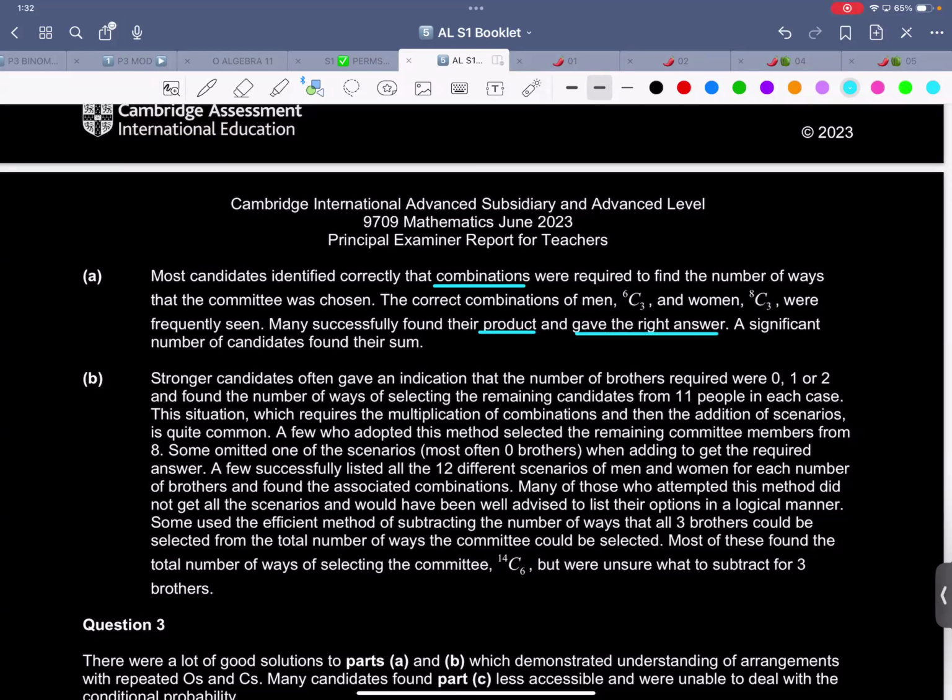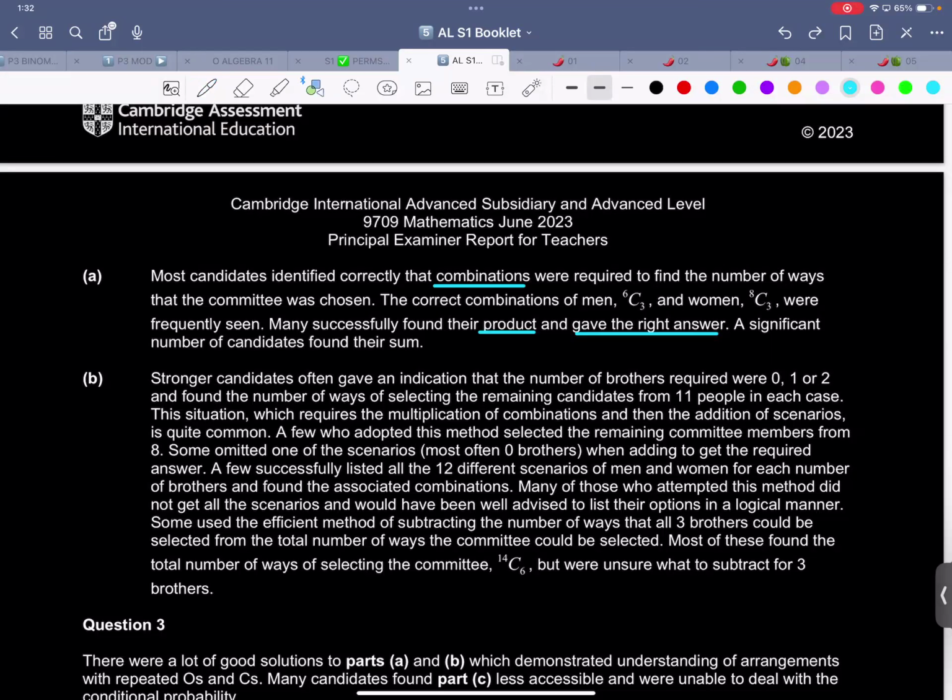A significant number of candidates found this sum. They are talking about a mistake. Or maybe they got the two answers and they also added those two. Maybe someone has left it as it is.